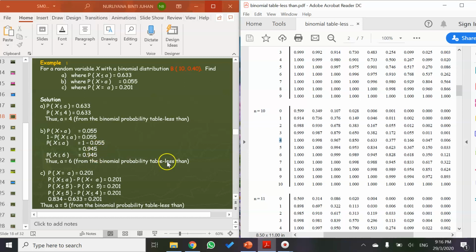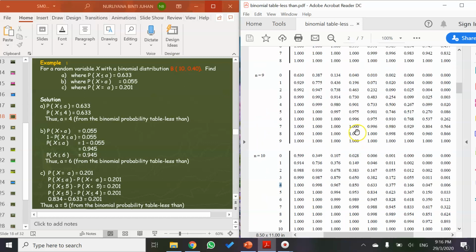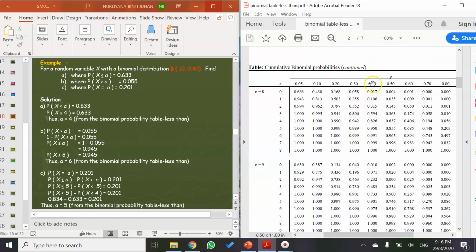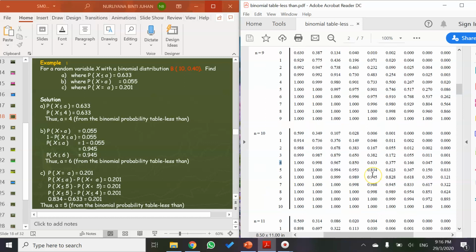Then you check your table for 0.945, and again we refer that n equal to 10 and p equal to 0.4, this column. So you need to find 0.945 from the table. It's over here. If we check back, it is actually r equal to 6. So we can say that your a, or the r, is actually equal to 6.